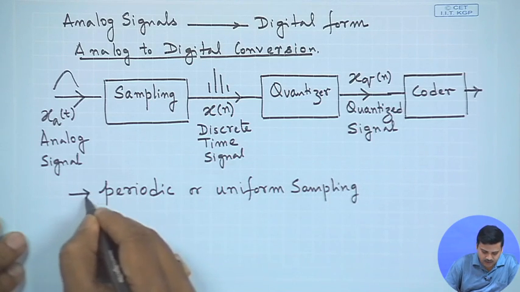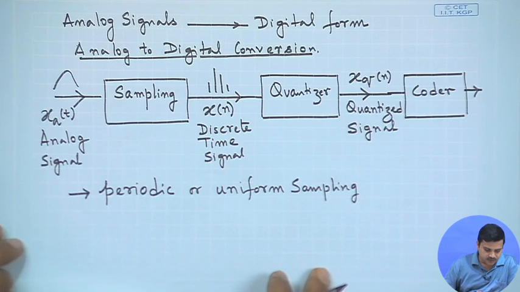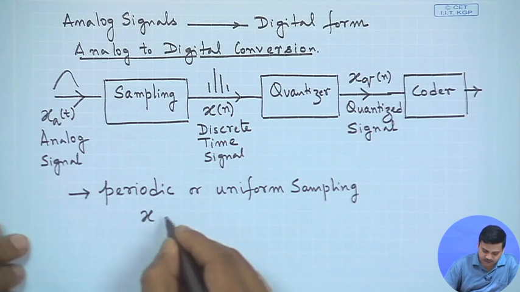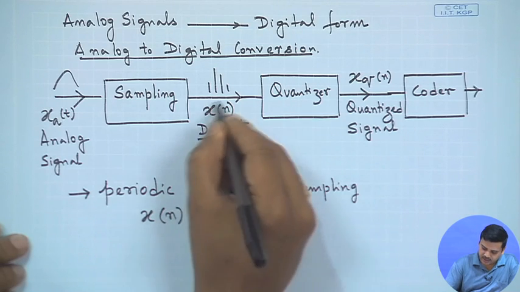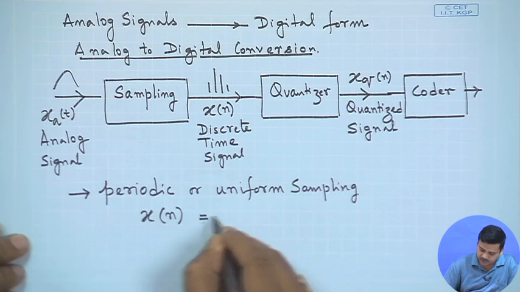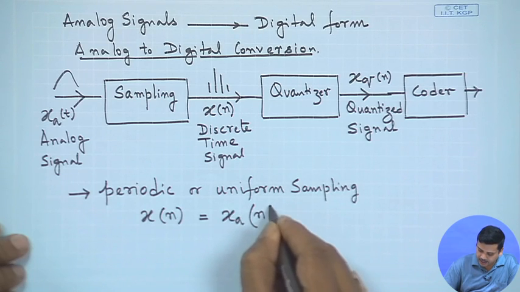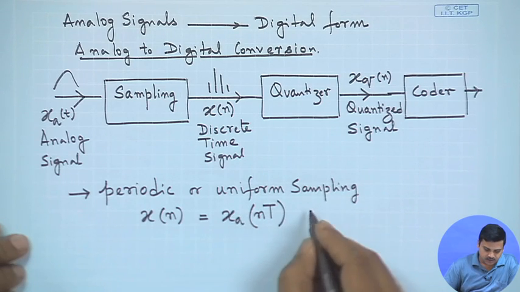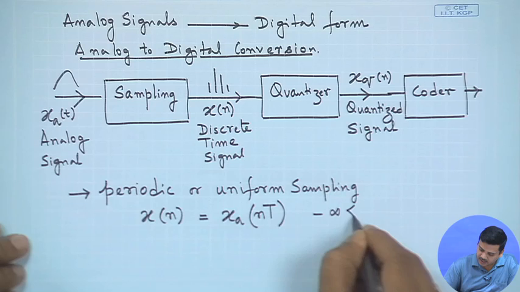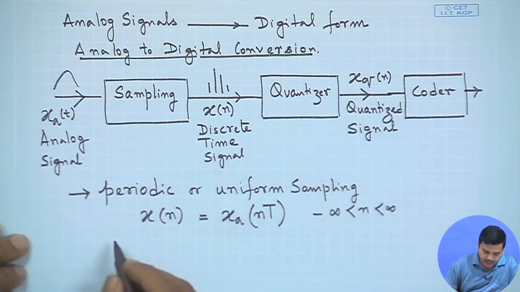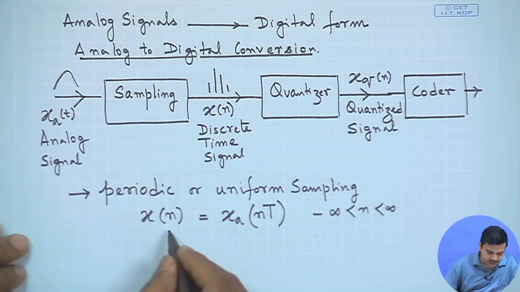So, this is what we will restrict ourselves to, and this can be established by the relationship that x of n that we have over here is equal to x a of n t, where n lies in the range minus infinity to plus infinity, and x a of t has been sampled.